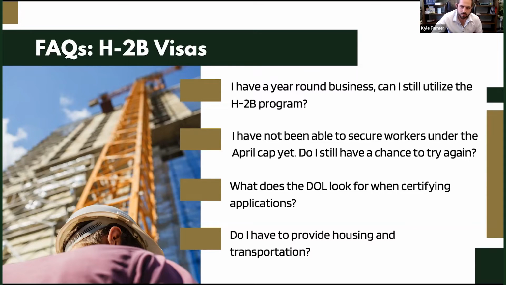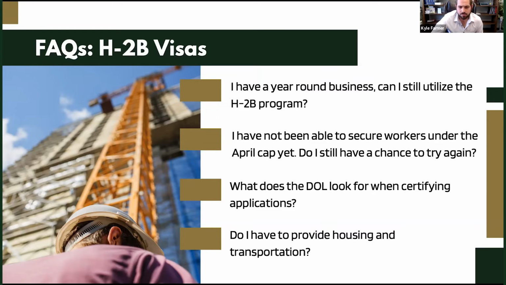There's what's called a one-time occurrence need. A one-time occurrence need is when you wouldn't ordinarily need temporary workers to perform the job function, but due to a certain occurrence or event, you do.